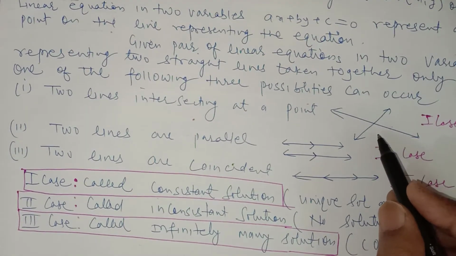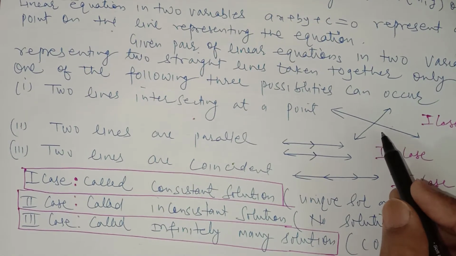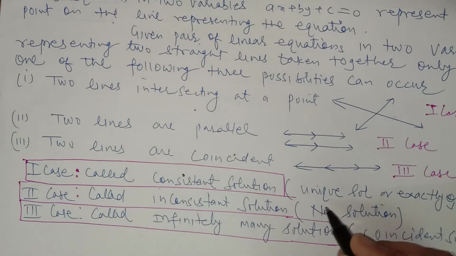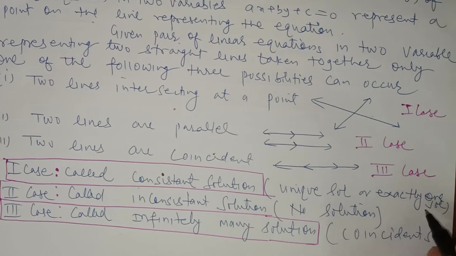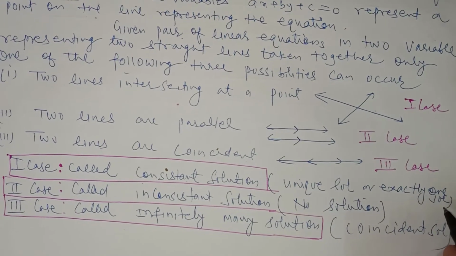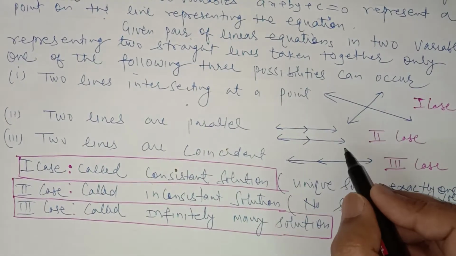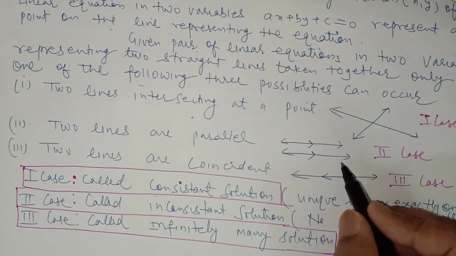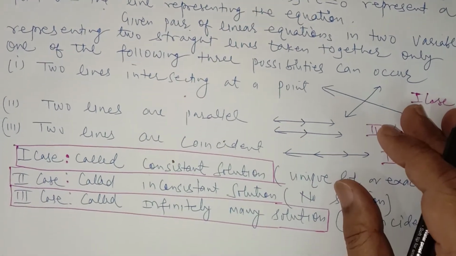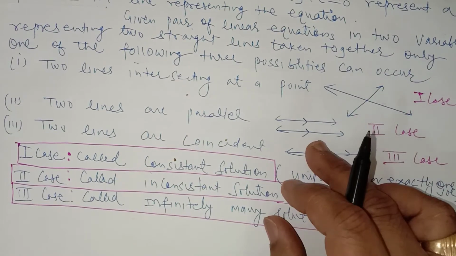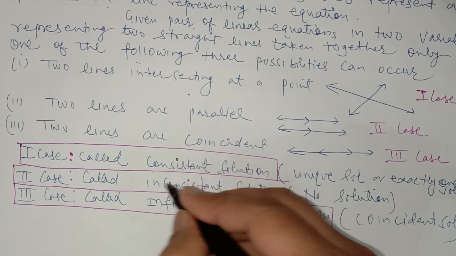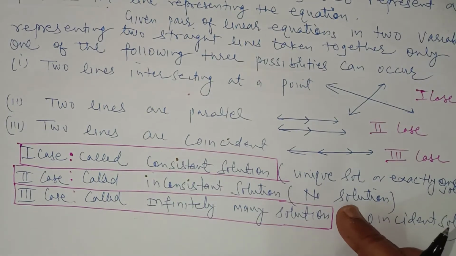When the two lines intersect each other, this is known as a consistent solution, or we can say it is a unique solution, or exactly one solution. When the lines are parallel, if we draw the graph, they will be parallel straight lines, and it is known as an inconsistent solution, or no solution.